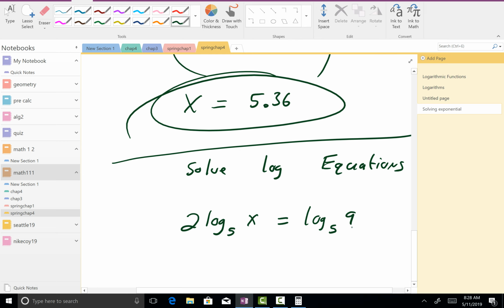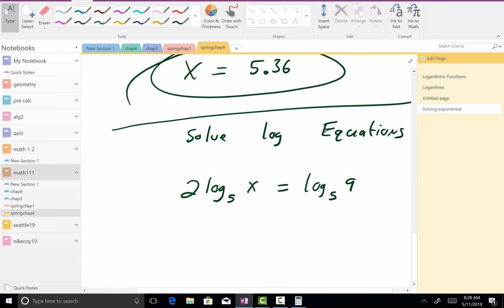So in this case, these two bases have to be the same. Okay? And this is a pretty simple one, but as long as those bases are the same, we're okay. So now what we can do is say, now we're going to use the property of exponents in reverse. So we're going to put this guy up here.